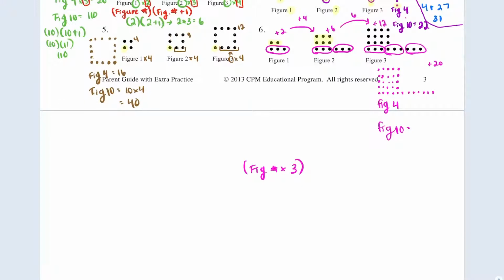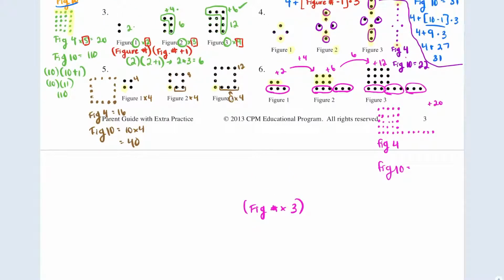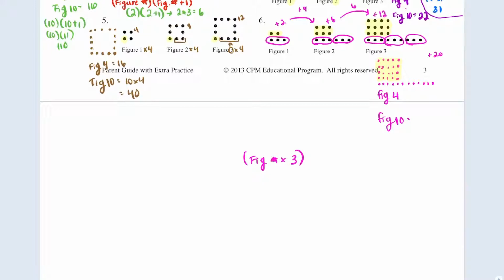And then what's happening is this business right here that I highlighted in yellow. Right, so I added a certain number of dots on the very top of this very bottom line. And I noticed that every time, the difference from the next figure and the previous figure, there's always a difference of 2, right?